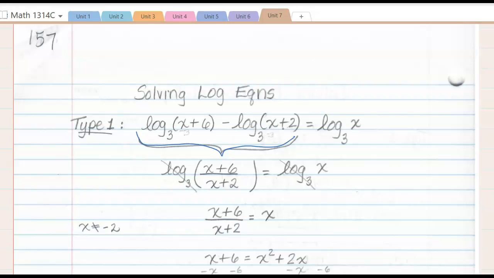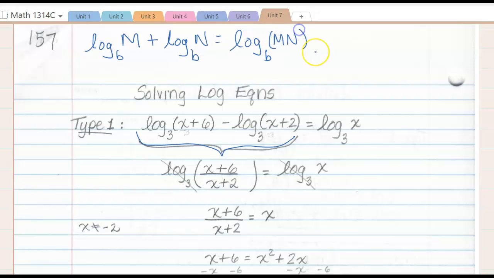So one of the things I want to remind you of is that if we have the log of some base of some number and we're adding another log that has the same base but maybe of a different number, then we can write that as one log of the same base, and we multiply those two numbers.